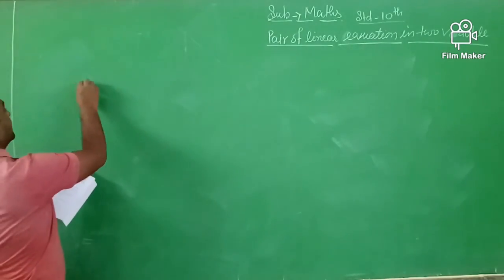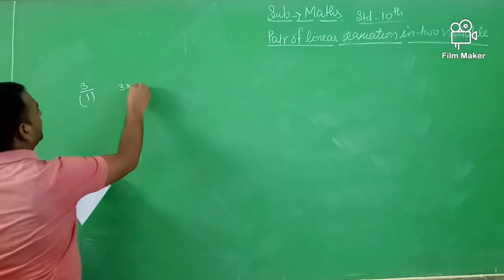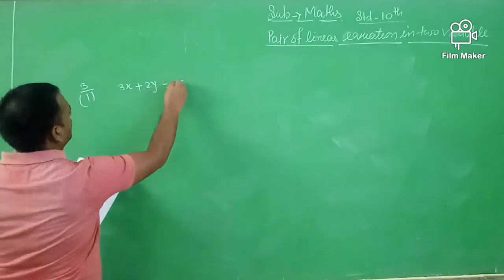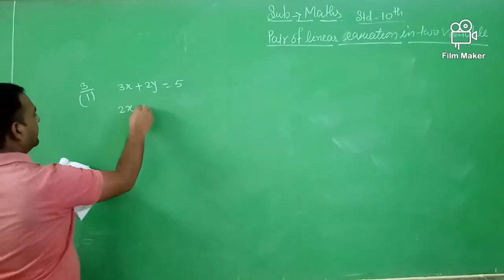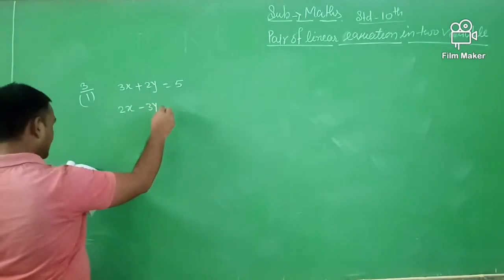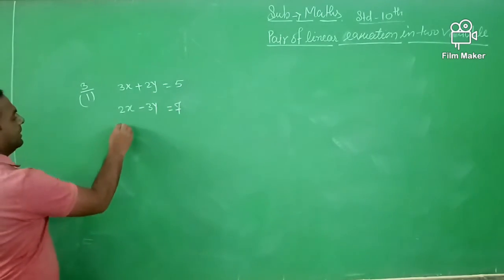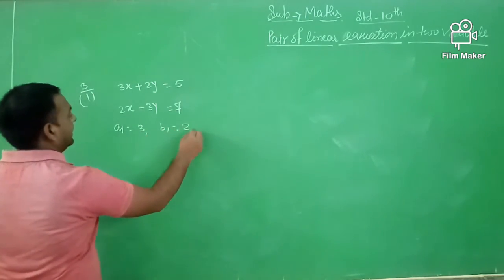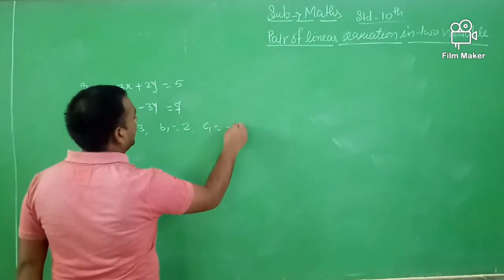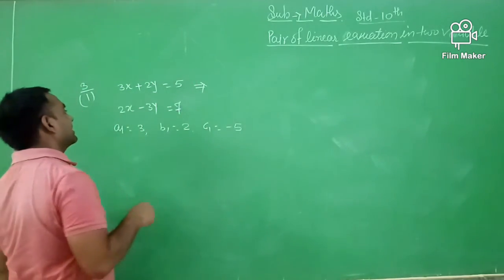Here question number 3, first: 3x plus 2y is equal to 5. Next, 2x minus 3y is equal to 7. Here a1 is equal to 3, b1 is equal to 2 and c1 is equal to minus 5, because first I write down the equations in standard form.